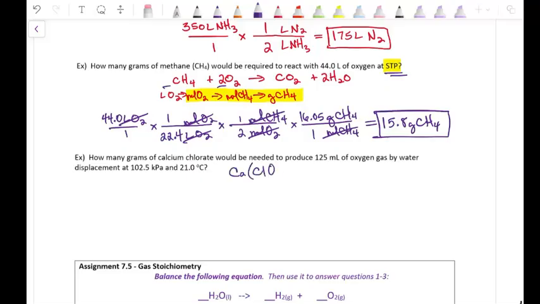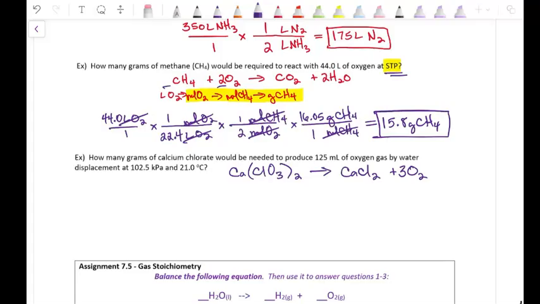Calcium chlorate is going to be Ca(ClO3)2, and it's going to produce calcium chloride and oxygen. And then to balance this, it looks like we just need a 3 in front of oxygen, right? So there's our balanced equation.